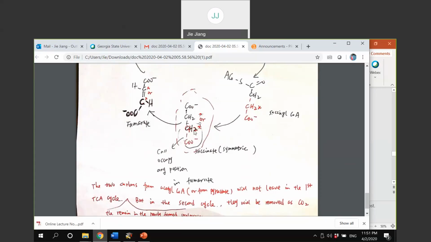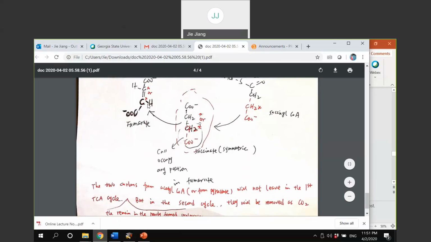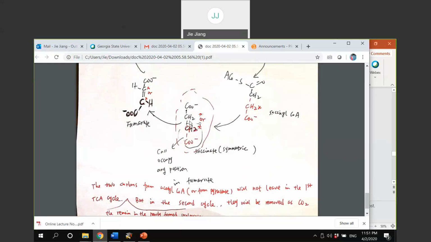So the labeled carbon can occupy either of these two positions. In succinate you can still differentiate it, but in fumarate you don't know whether this carbon comes from here or from here. These two are in the same position.